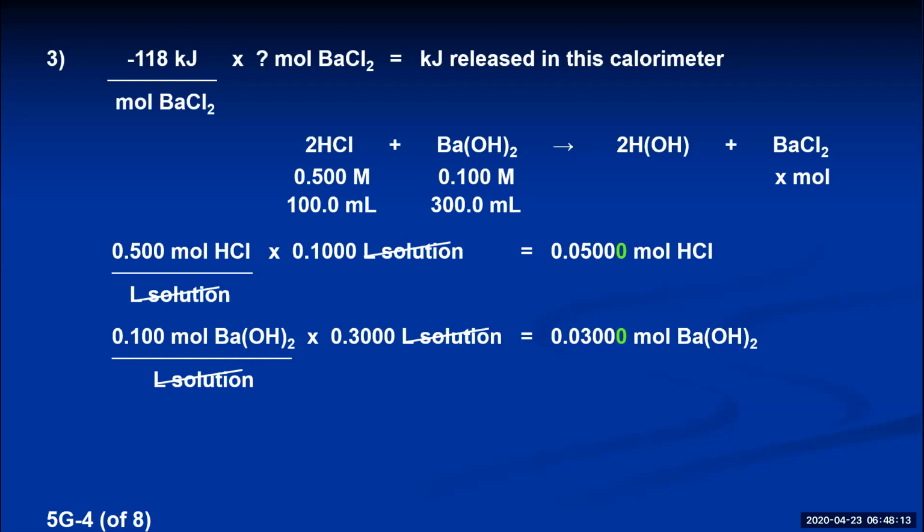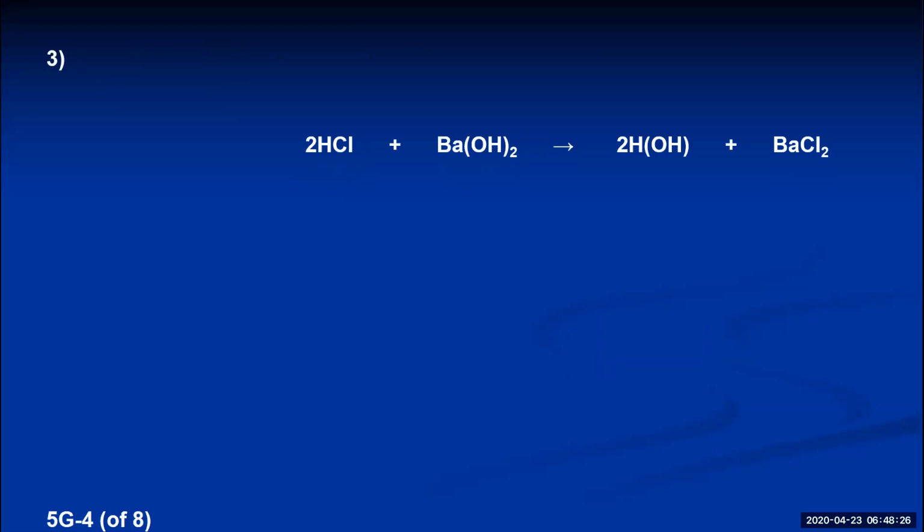Once you know the moles of each of the reactants, you can set up an initial, change, and final mole table, and we can analyze to see which one is the limiting reactant so we can determine what's left in the container at the end of the reaction. So the initial number of moles we just calculated, 0.0500 for the hydrochloric acid, 0.0300 for the barium hydroxide.